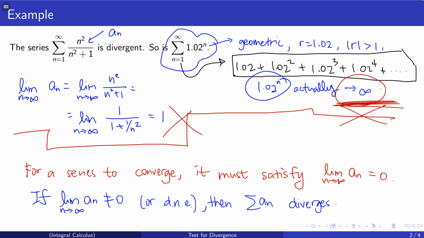So we can use this to very easily say that a series diverges.